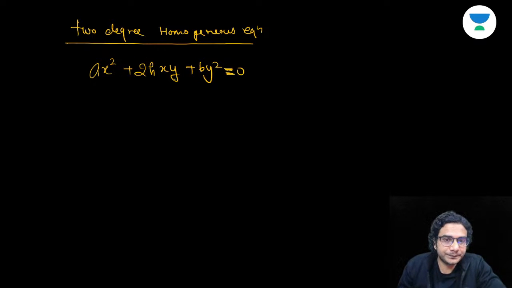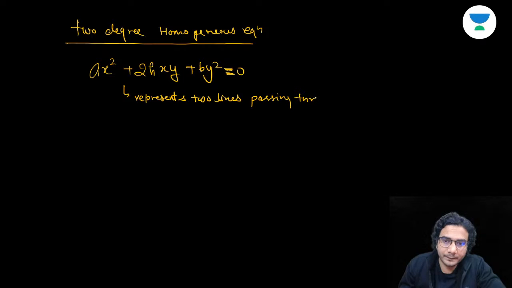Simple. Now this is an equation. Now we need to separate the lines it represents. So this represents two lines passing through origin. All right.